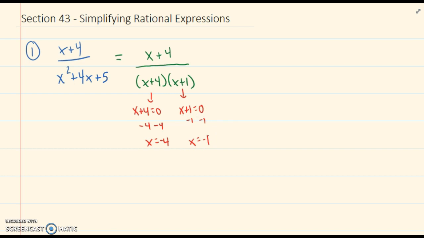Now, what this tells me is that my function is going to have two excluded values. My excluded values: x cannot equal negative 4, and x cannot equal negative 1, because both of those values return a 0 in the denominator. But we've got to classify them as well, because they're going to have different implications on the graph.